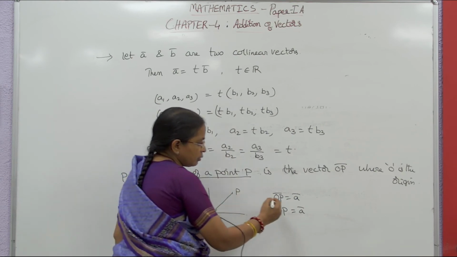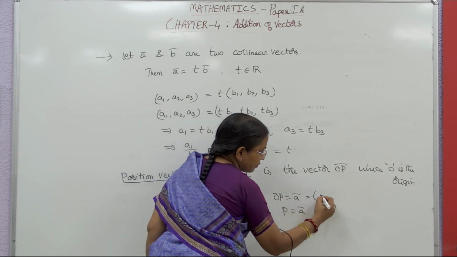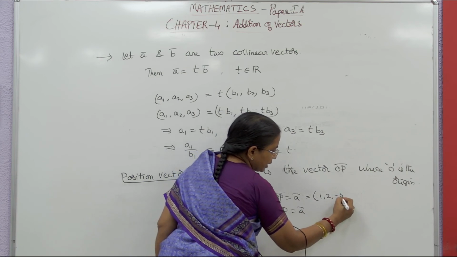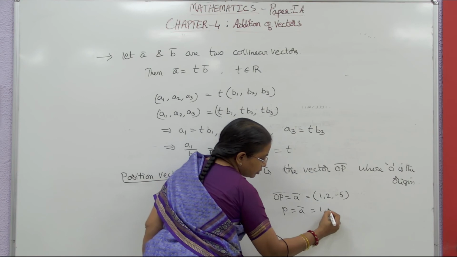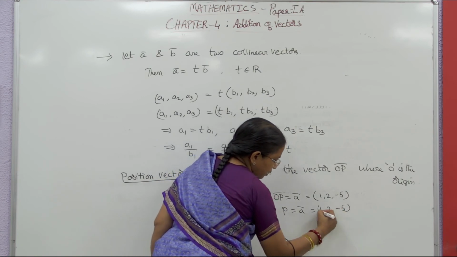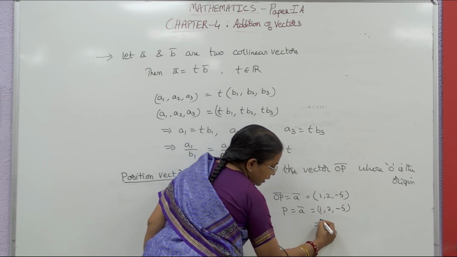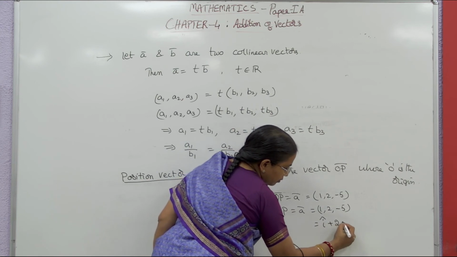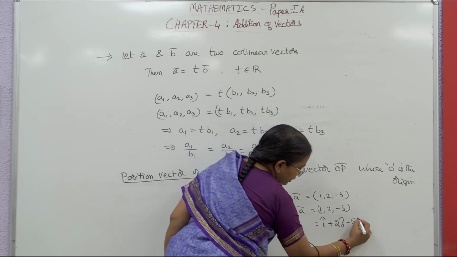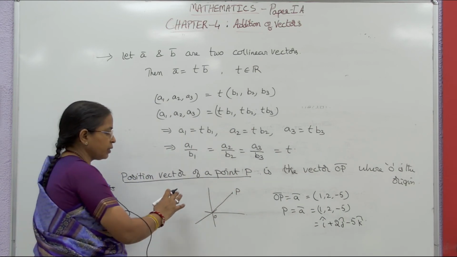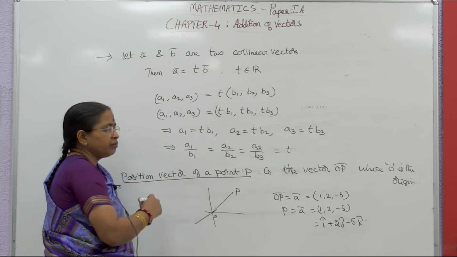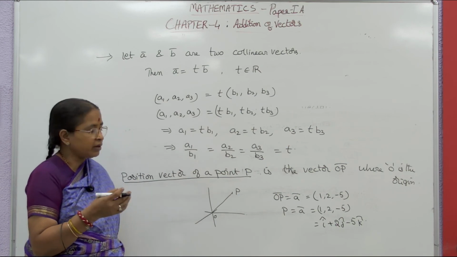Now suppose OP is equal to a is equal to (1, 2, -5). This is the point, so you write point P as (1, 2, -5) like this, or you can also write it as i plus 2j minus 5k. This notation is very important, so understand it properly. Position vector of a point P means the vector OP.